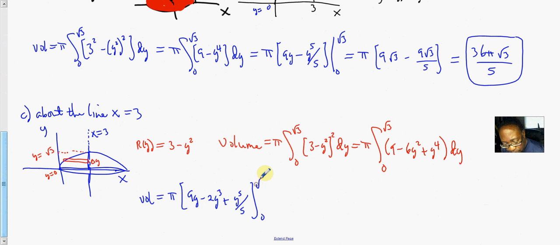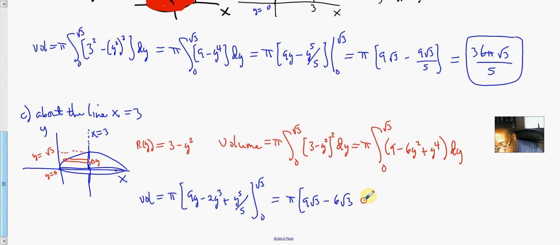Evaluate that from 0 to the square root of 3. So we plug in y to be the square root of 3. And so we have pi times 9 times the square root of 3 minus 2 times the square root of 3 times the square root of 3 times the square root of 3, which is 2 times 3 is 6 times the square root of 3, plus the square root of 3 to the 5th, which is 3 times 3 is 9, times the square root of 3.